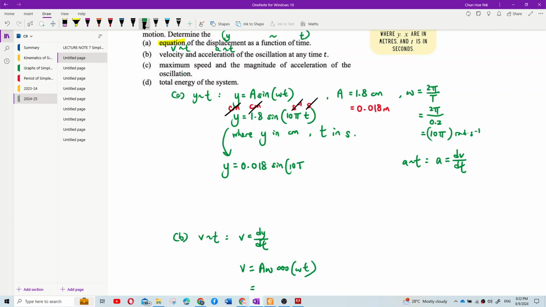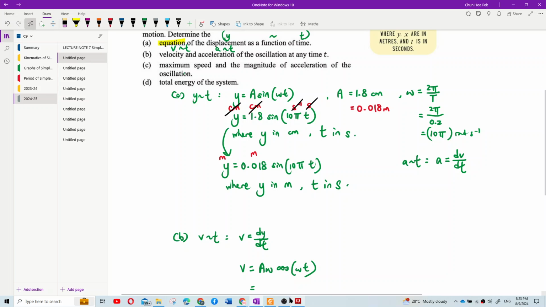That means your amplitude now is in meter, so your displacement will also be in meter. So you must write the unit also, where y in meter, t in second.